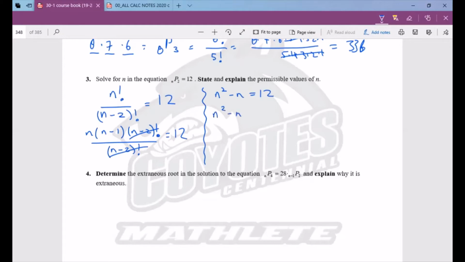Subtract 12 from both sides. N squared minus n minus 12 is equal to 0. We factor. We have 2 answers. N is equal to 4. N is equal to negative 3. This answer is extraneous.